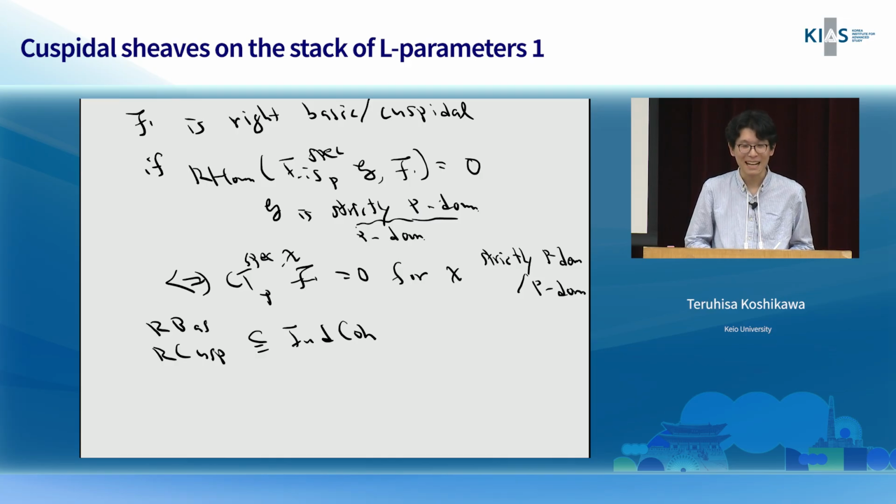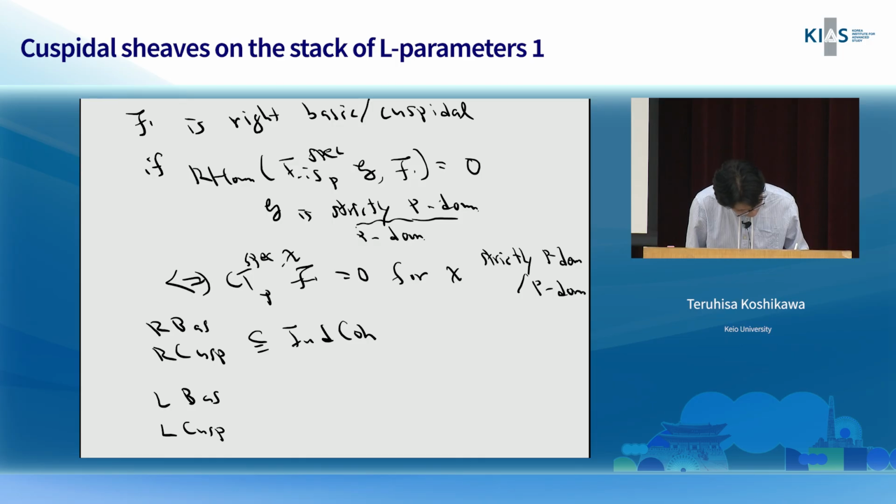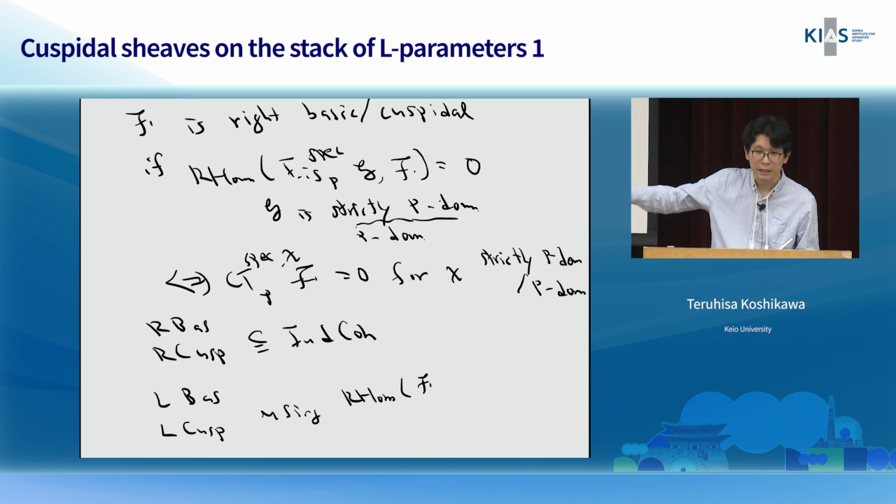Okay. But actually, it comes next. So I'll define left basic and left cuspidal using a similar condition. But now this is a map to Hom into Eisenstein.